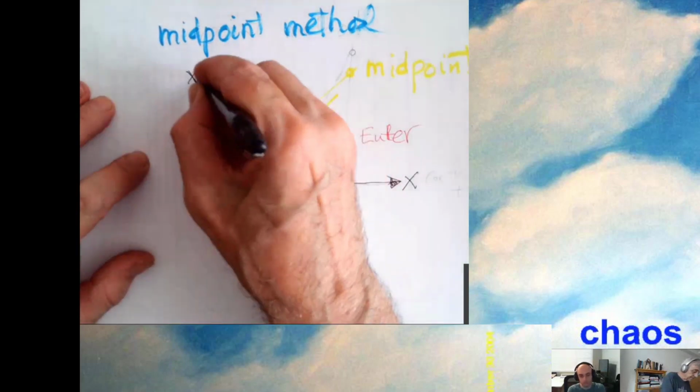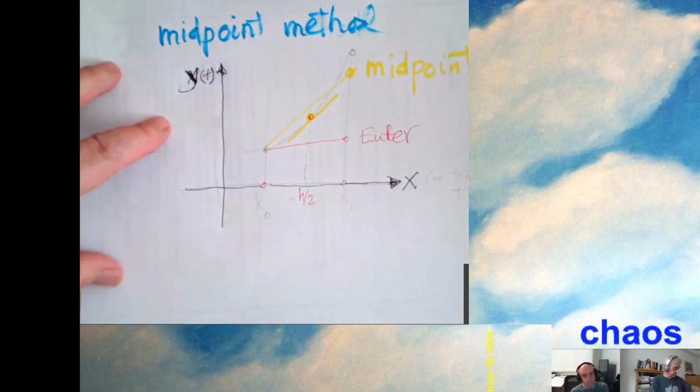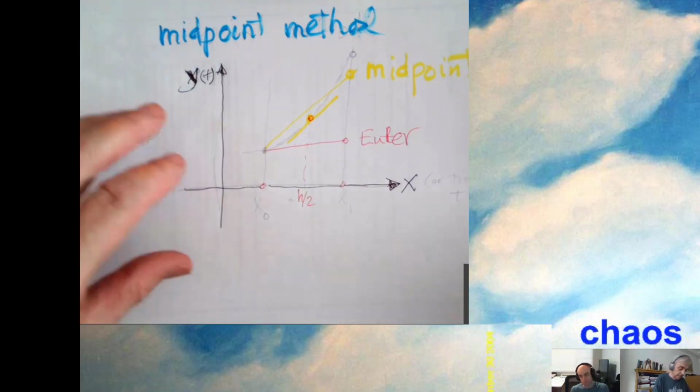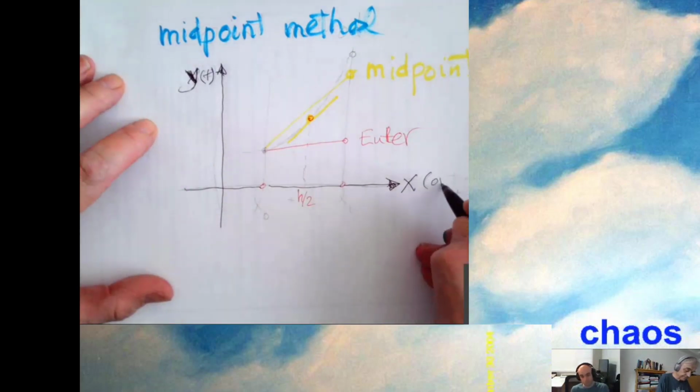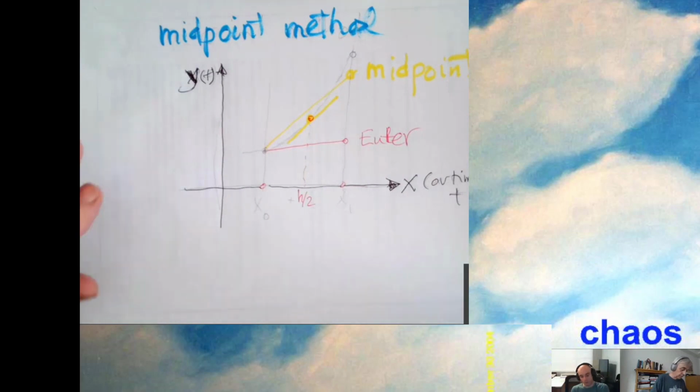So we are computing a function, state of system, which for some reason we call y, as a function of time, which for some reason we call x. And what does this formula mean?